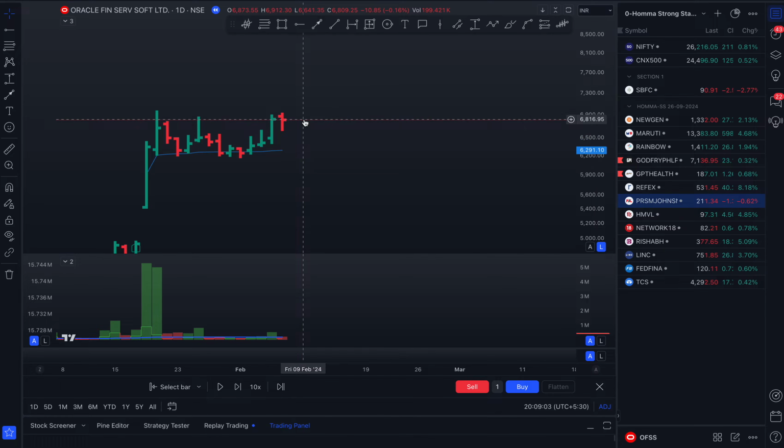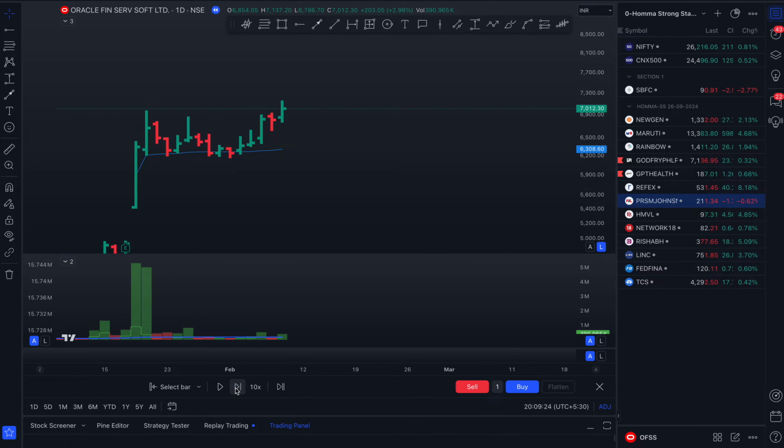So that is why the way to read AVWAP is, anytime the price is higher than the AVWAP, from that point of time, we know who is in charge. So if the price is above the AVWAP, bulls are in charge, and bulls are winning and they are happy.